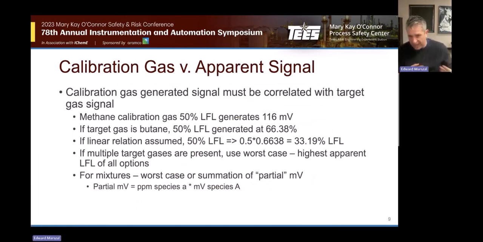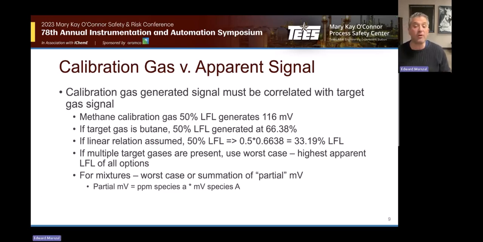So if you calibrate based on methane, but your target gas is butane, you need to multiply your value by essentially 66.38% to get to the correct LFL value. So for instance, if you did use 50% LFL methane calibration gas in this example, that 50% LFL of methane is only going to give you 33.19% LFL of butane. So it is possible to use different calibration gases and still get a correct number.